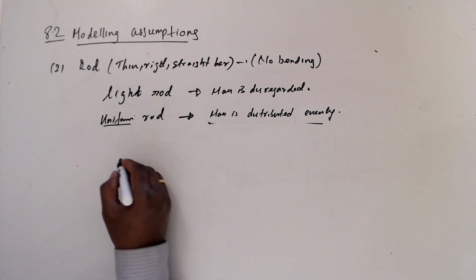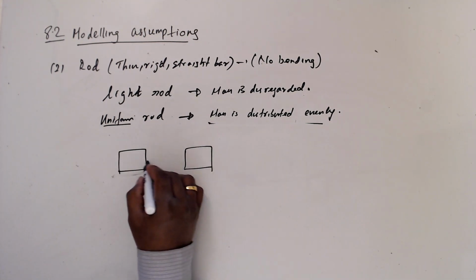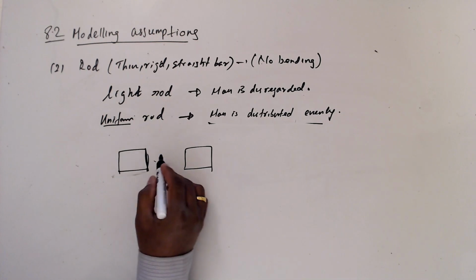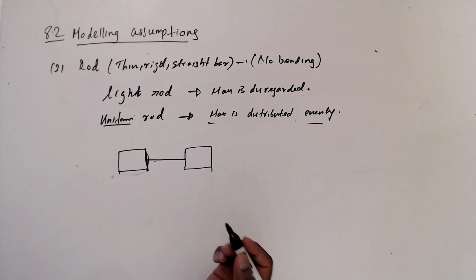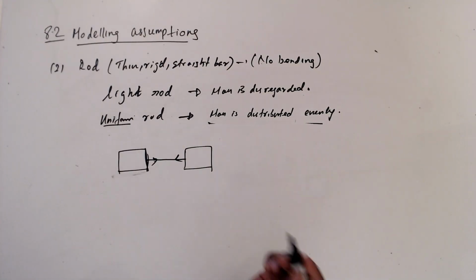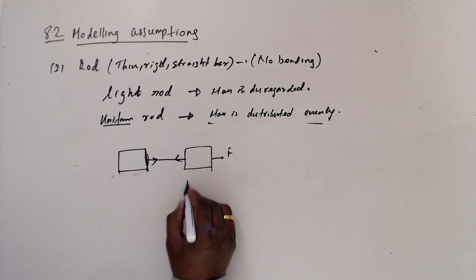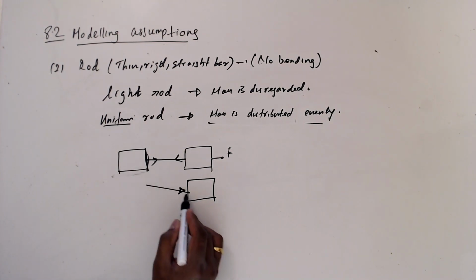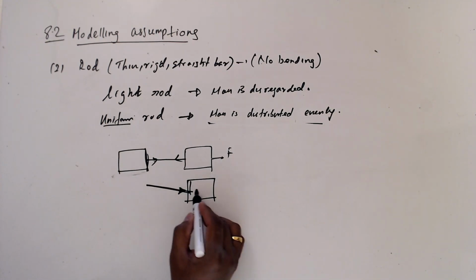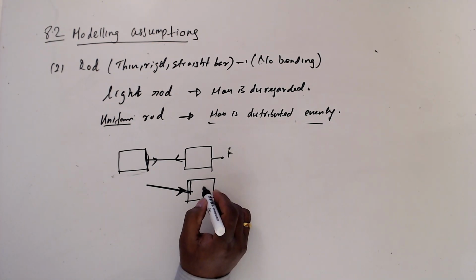In some cases, we can see that the rod is used to connect two masses. Instead of a rope or a string, we can use a rod. So there is going to be a tension if it is pulled. Sometimes we use a rod to push something, so we are pushing this mass. The direction of the force is in this direction, and usually we call it a thrust.